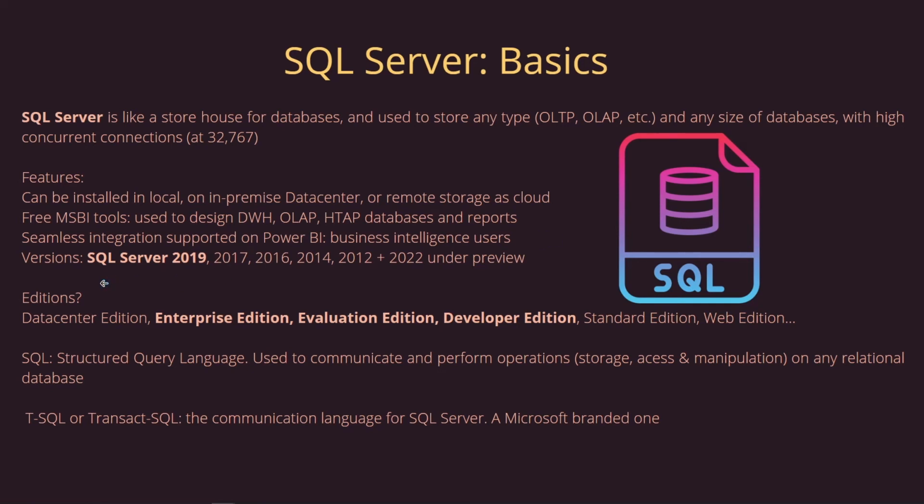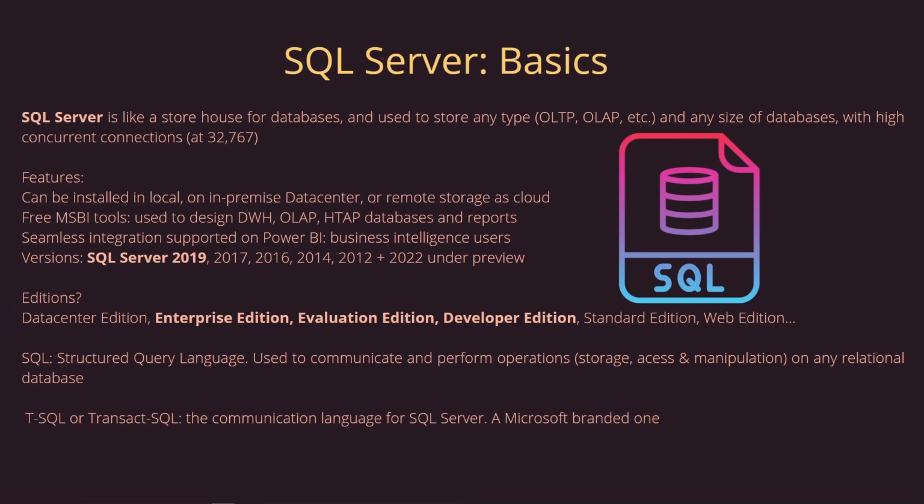Now what are the versions that we have for SQL Server? We have SQL Server 2019, 2017, 16, 14, 12, that is going backwards. And very recently, we have the 22 version under preview. Now what are the different editions?